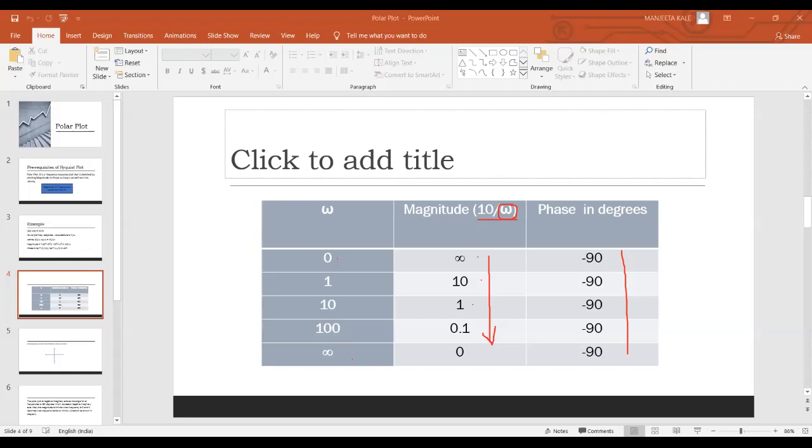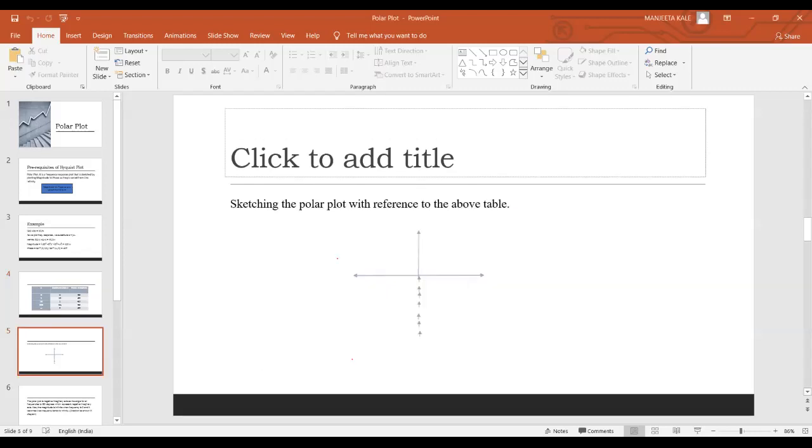Okay, so now when we consider the next slide, we will see the sketch of the polar plot corresponding to the table. Now please have a look at this. This is S-plane, and in S-plane we have negative imaginary axis that corresponds to minus 90 degrees. So this angle is minus 90 degrees, and all the points that are plotted are on the negative imaginary axis.